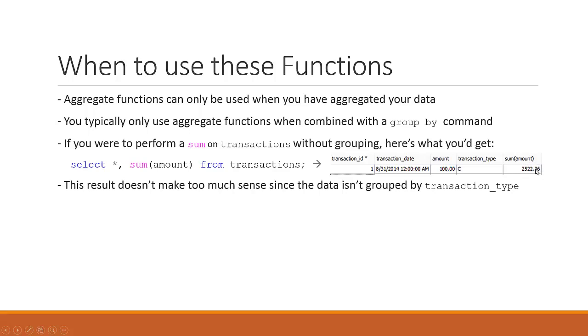This data isn't necessarily useful to us because it's a representation of both credits and debits together, and it doesn't represent anything really meaningful. So this example just illustrates that it's helpful to group the data together whenever we are using aggregate functions like sum or max, min, etc. Or not amount, sorry, average.